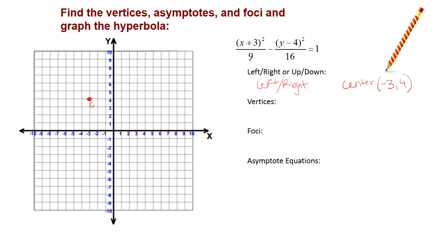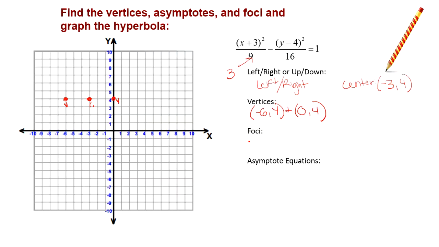Our vertices are going to be a distance of 3 away. From my center, left and right, I'm going to go 3 away: 1, 2, 3, put a dot, and then put a nice V by it. And then 1, 2, 3, put a nice V there. So my two vertices are at (-6, 4) and (0, 4).